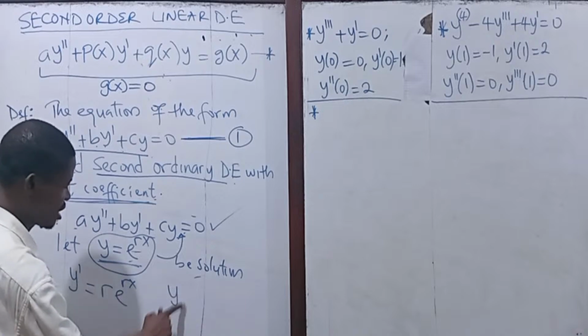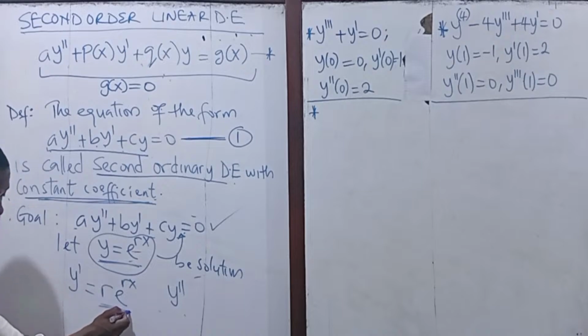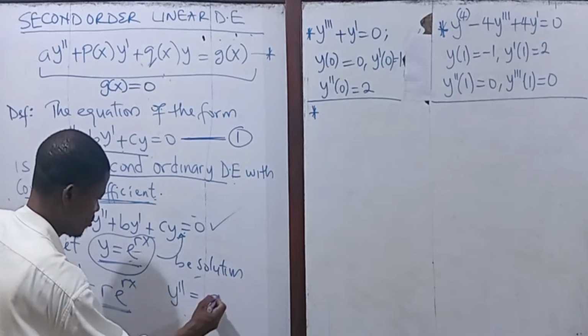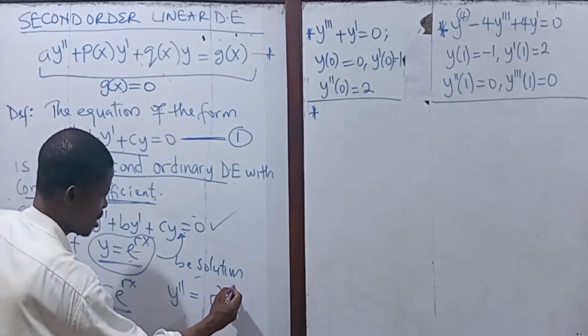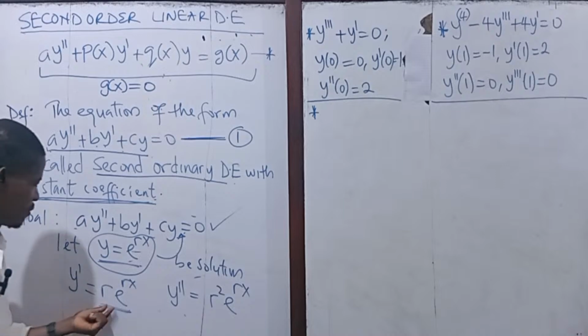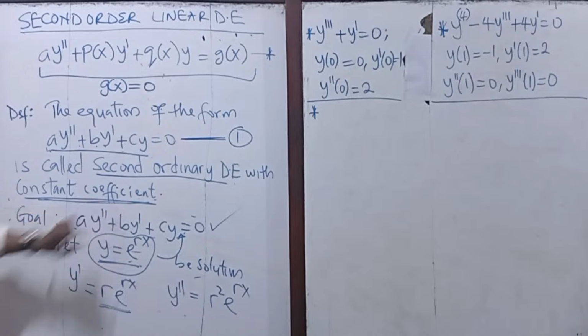The second differential, you differentiate the first differential again, and that will give you r squared e to the power rx. Then you substitute your first and second differentials into this equation.